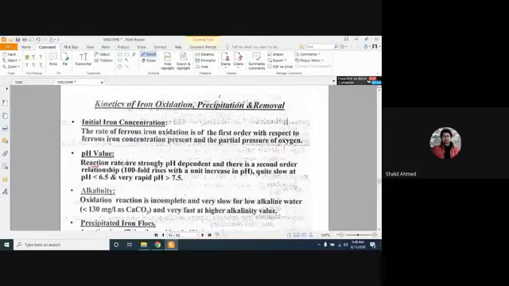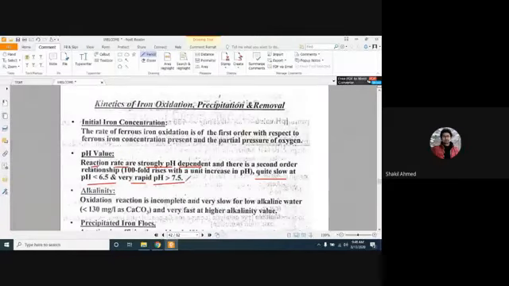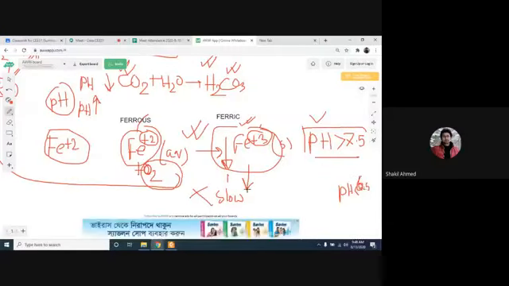So reaction rates are strongly pH dependent, and there is a second order relationship. So quite slow at pH less than 6.5, you can call it 6.5, and very rapid at pH greater than 7.5. So less than 6.5, this is almost zero, very slow, and it's very fast if your pH is greater than 7.5.